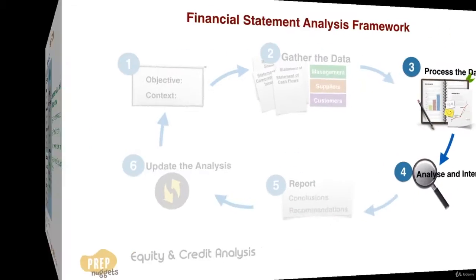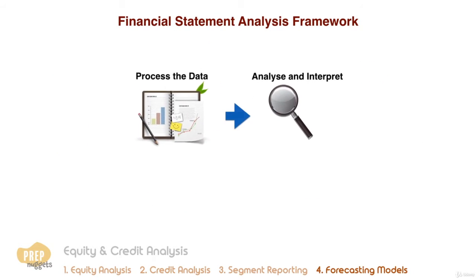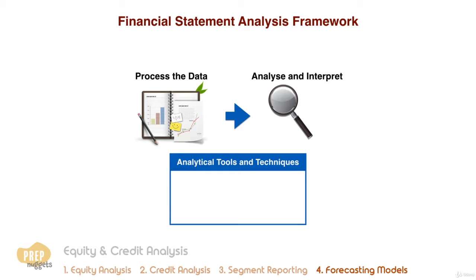To conclude this topic on financial analysis techniques, let's go back to where we started. The primary focus of this topic is on phases 3 and 4, processing and analysing data. We've learnt the various tools and techniques commonly used to process financial statement data into formats that facilitate analysis.